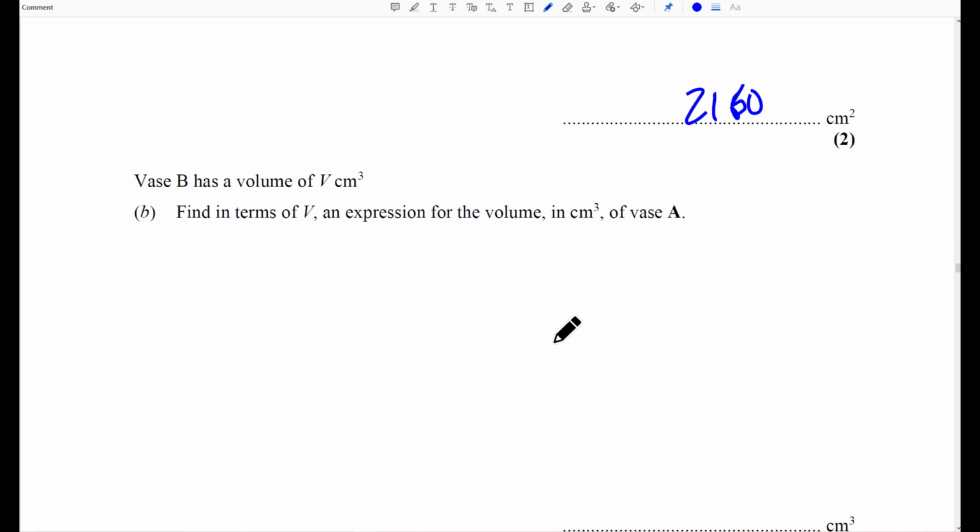Base B has a volume of V. Find in terms of V an expression for the volume of base A. So you've got base B. Now the length scale factor was 1.5, so the volume scale factor equals 1.5 cubed.